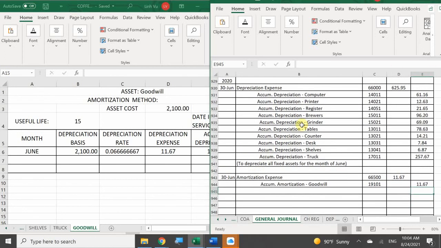And once again, the description is to amortize intangible assets for the month of June.